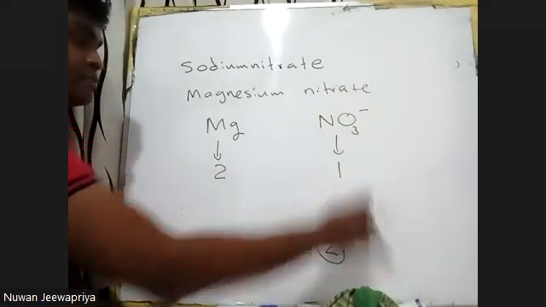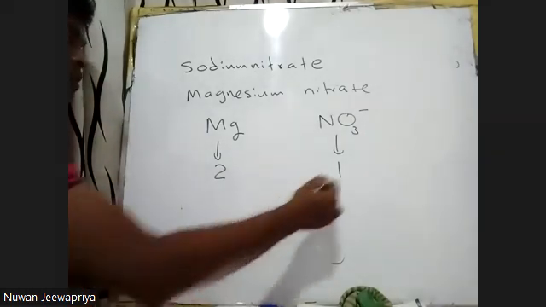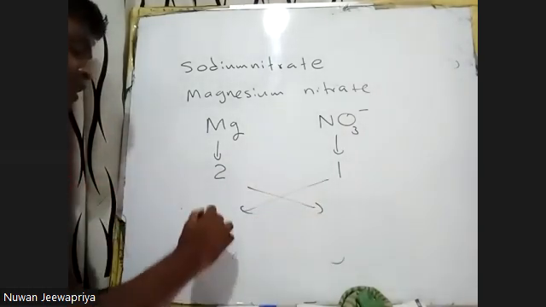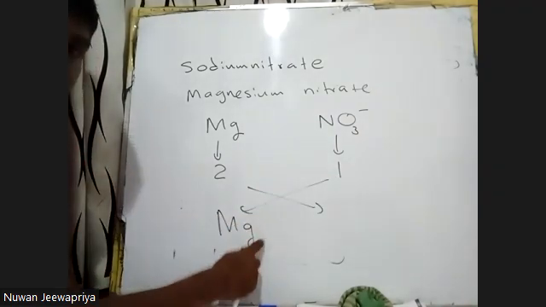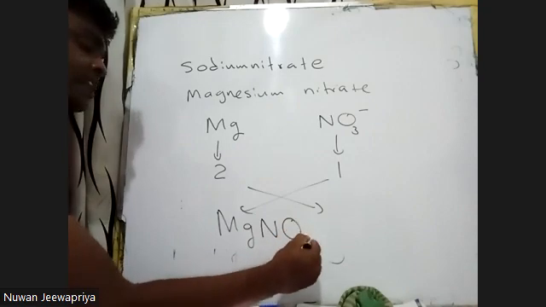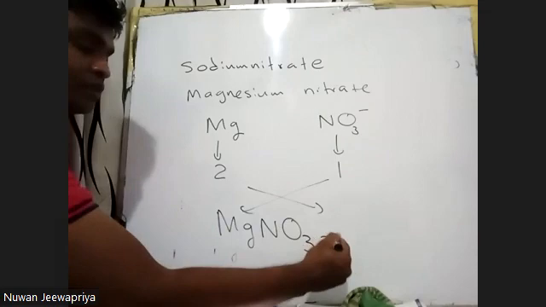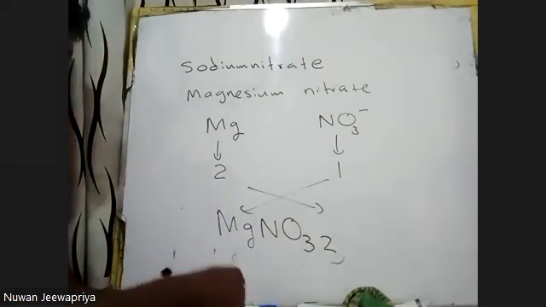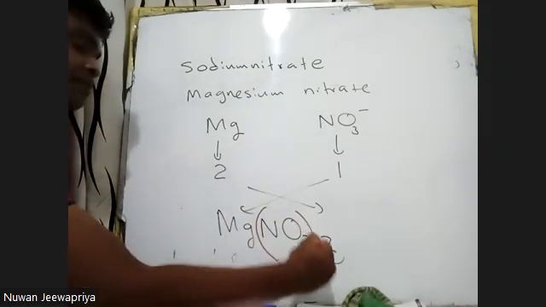Nitrate's valence is 1. So what do we have to do now? We interchange. Magnesium gains number 1. So do we write it? No, we don't write it. Nitrate, NO3, gets number 2, right? So it's something like NO3 2. So what are we doing, children? We put brackets like this.